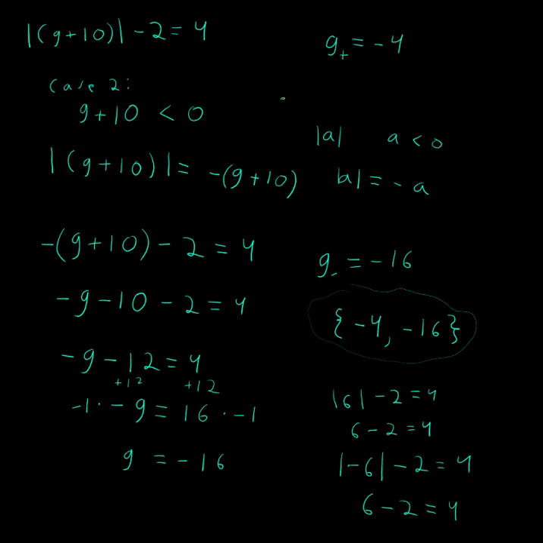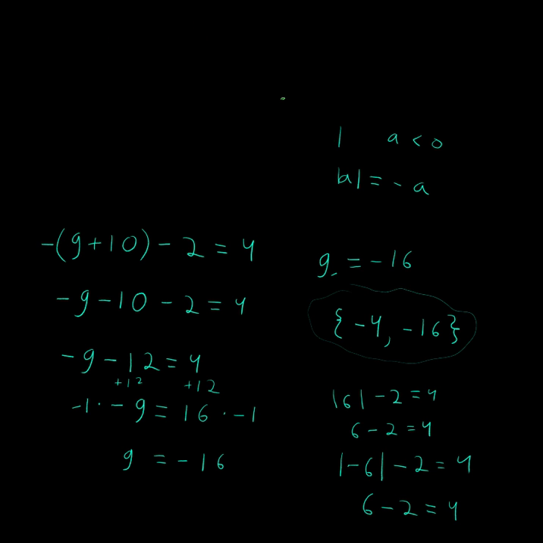One thing to keep in mind is that going through both cases is only required if your variable appears in your absolute value bars. So if I say something like g plus absolute value of 2 minus 5 equals 7, and let's just throw a 2 in front of our g for good measure.